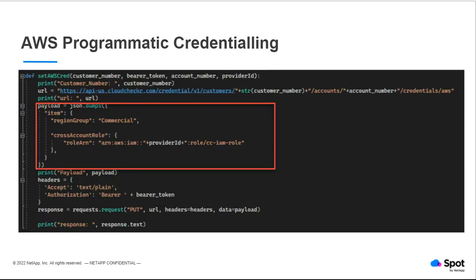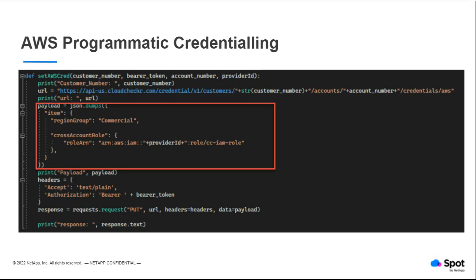So a quick example of how we would programmatically credential an account with AWS credentials. We use a few variables, like the customer number and the bearer token, which I apologize, I forgot to mention earlier. When you click authorize on our Swagger portal, that's actually generating a bearer token with a 60-minute lifespan.